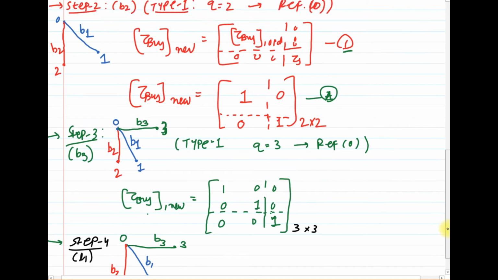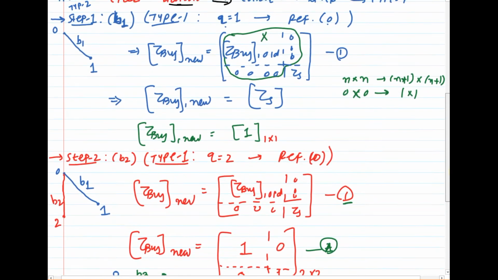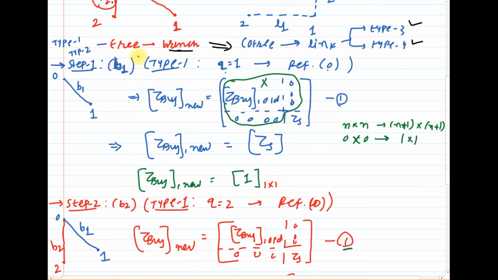And yes, let me recall you again, if the tree branch is added into the system, then the size of matrix will be updated every time by 1. Here there is no modification before the step 1, that means the size is 1 cross 1.